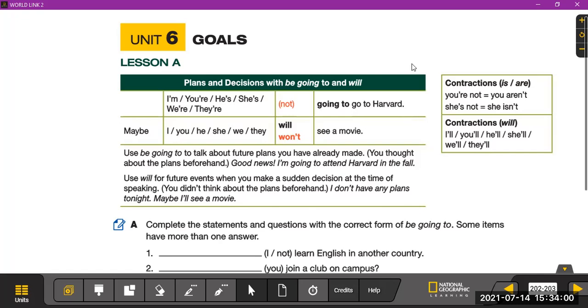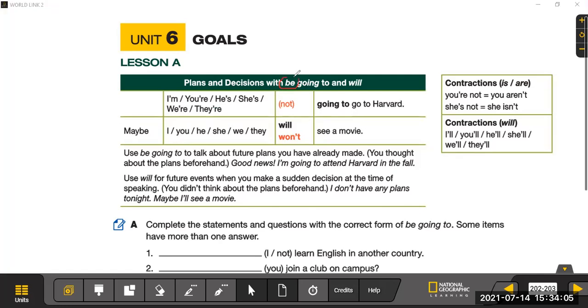In the case of be going to, remember that be is the verb to be. When we are talking about be, we are referring to am, is, are. We are referring to the verb conjugated.